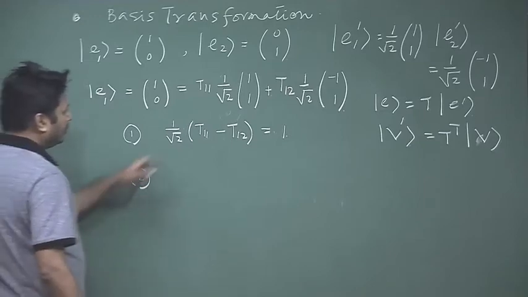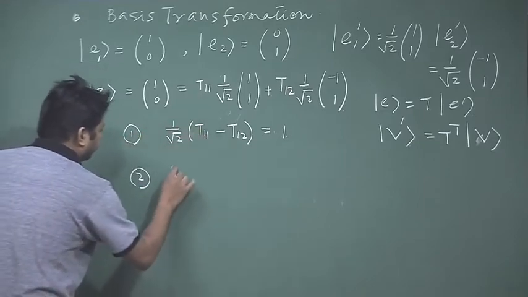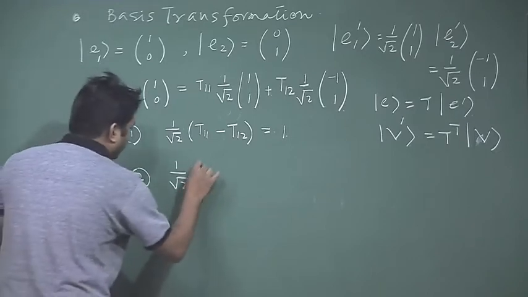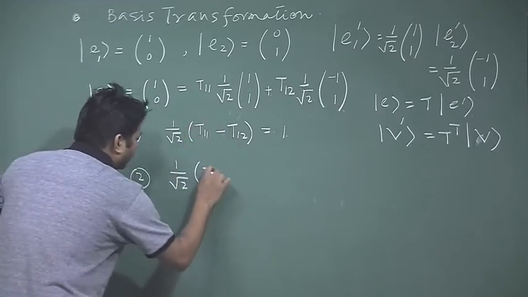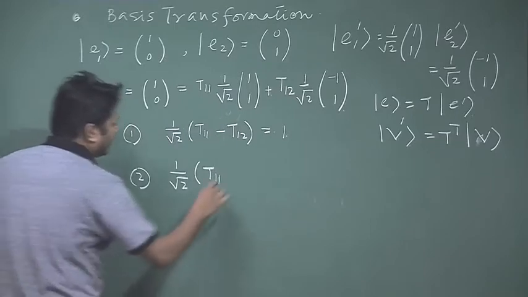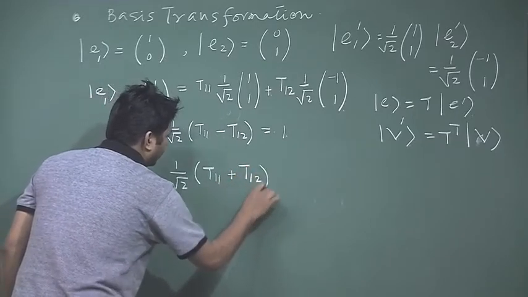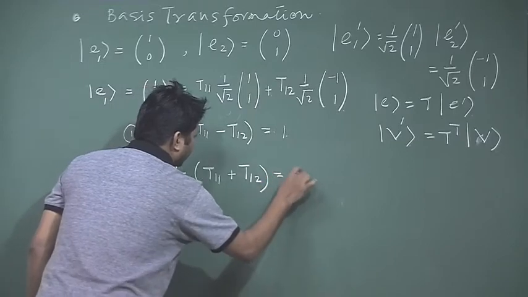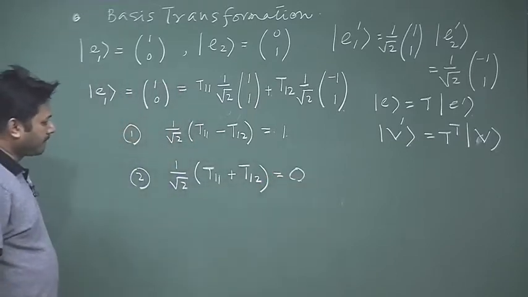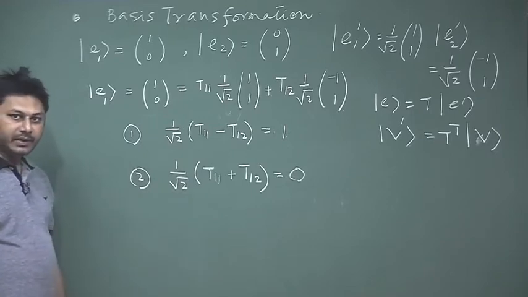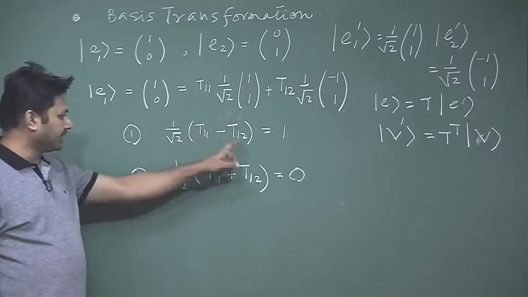My equation 2 will be something like 1 by root over 2, again I can take it common, T11 plus T12 is equal to 0. From these equations I can solve easily and I can figure out T11 and T12.